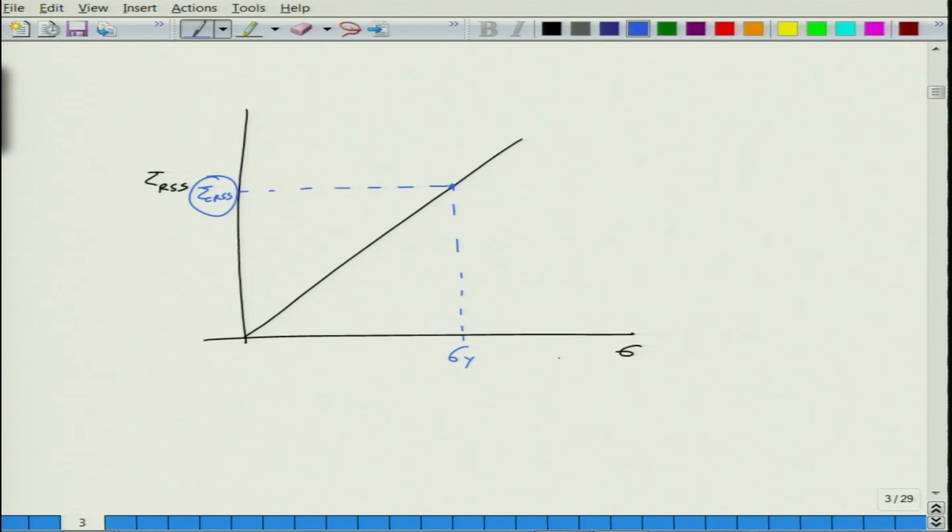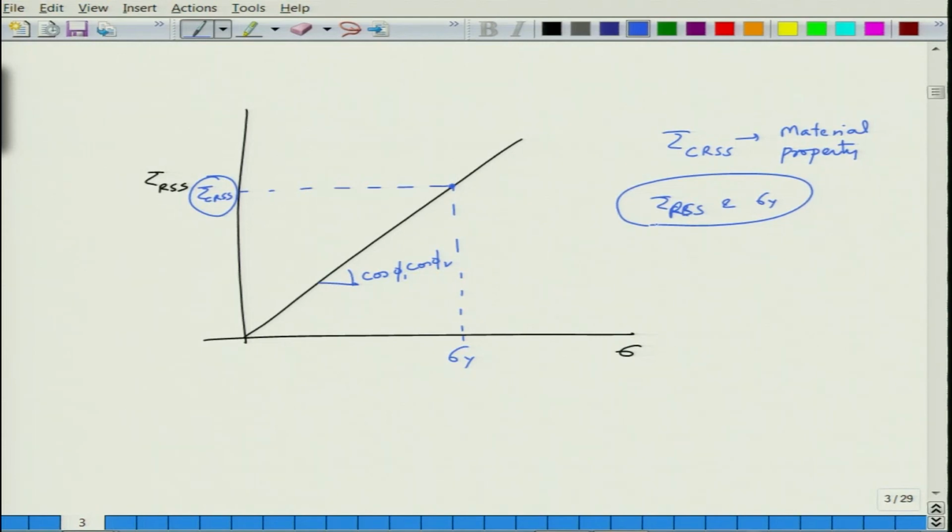So, this is sigma basically, and the slope of this will be cos phi 1 cos phi 2. So, essentially tau CRSS is a material property or a material constant, whereas tau RSS and sigma y are orientation dependent.